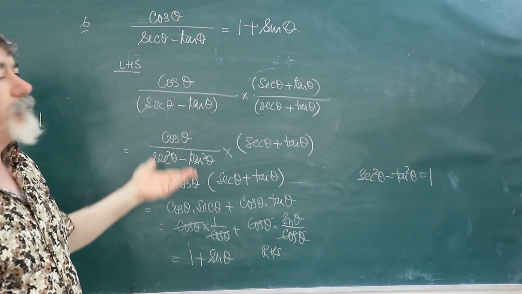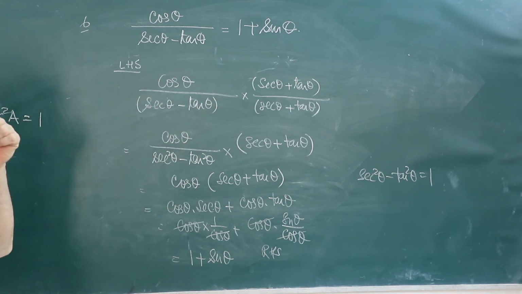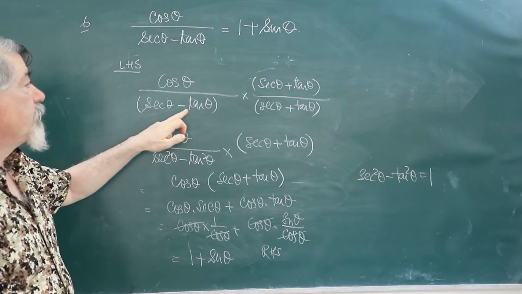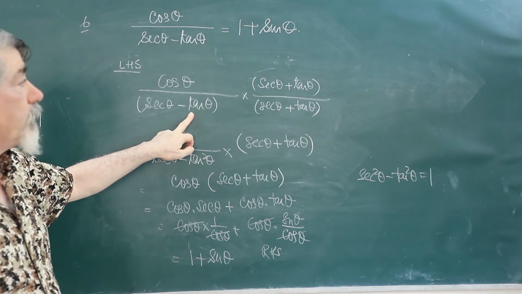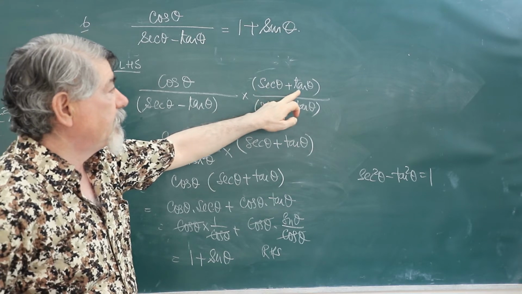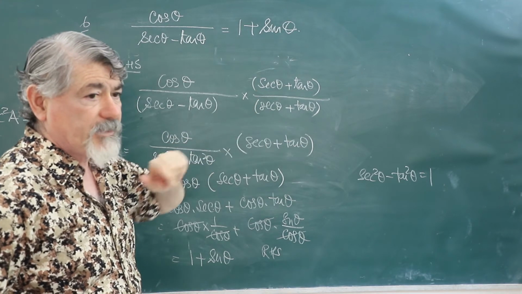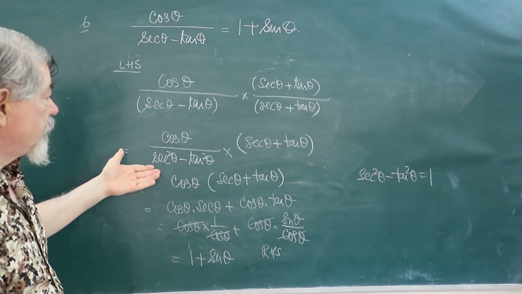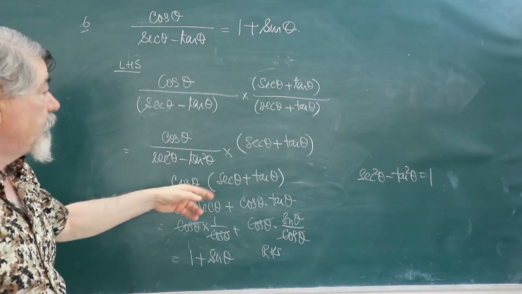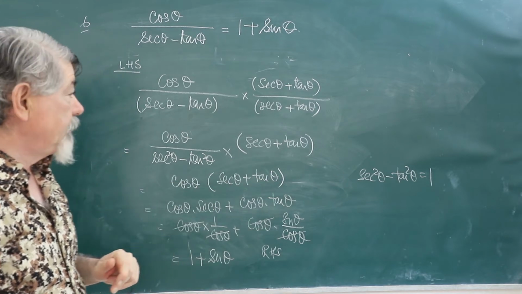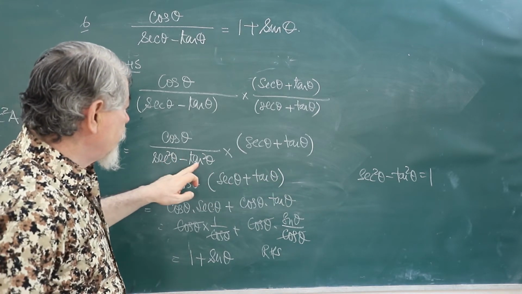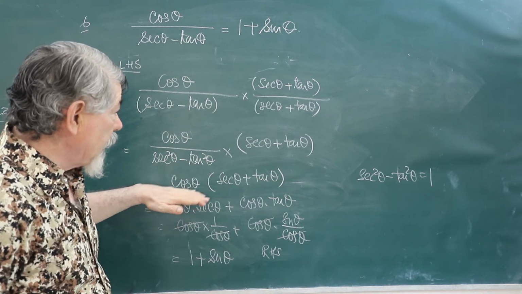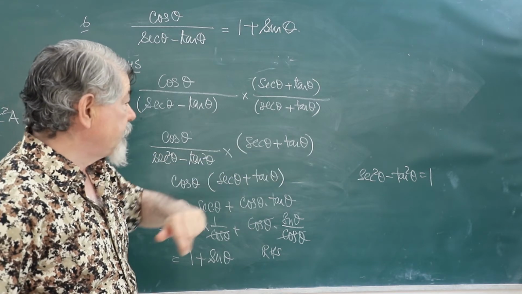So what we did was we rationalized it. It was sec theta minus tan theta. We multiplied by sec theta plus tan theta upon sec theta plus tan theta, and that is how we got cos theta upon sec square theta minus tan square theta into sec theta plus tan theta. Sec square theta minus tan square theta is 1, so it remains sec theta plus tan theta.